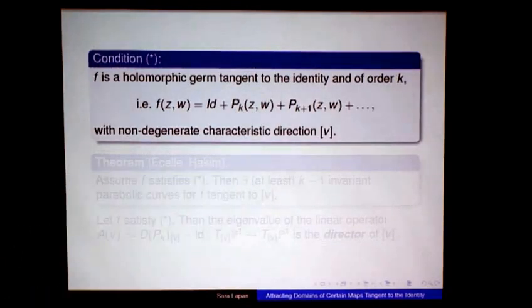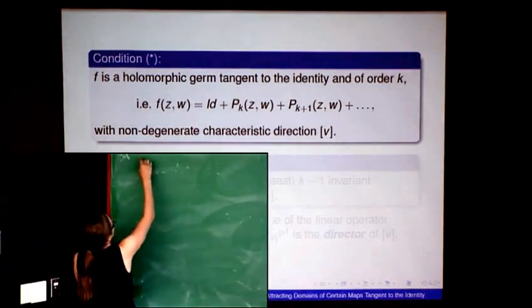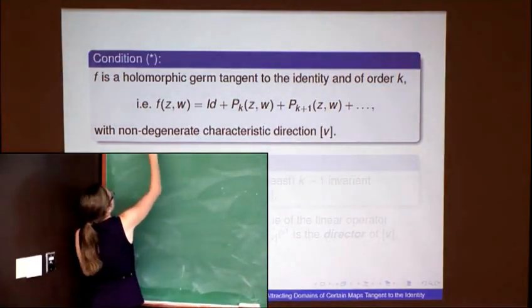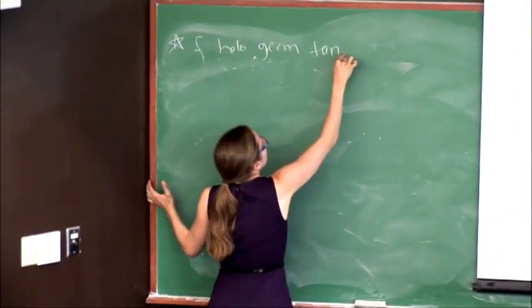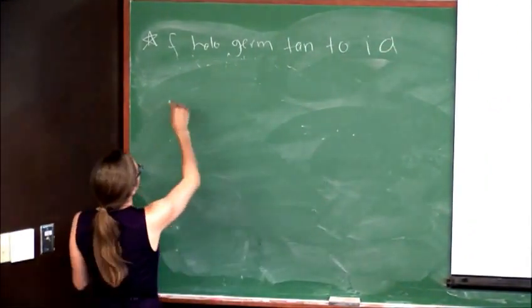Okay, so this condition star, I'm going to write on the board because I'm going to refer to it several times. These are just assumptions that we're going to be making for the rest of the talk. So f is a holomorphic germ tangent to the identity and of order k.